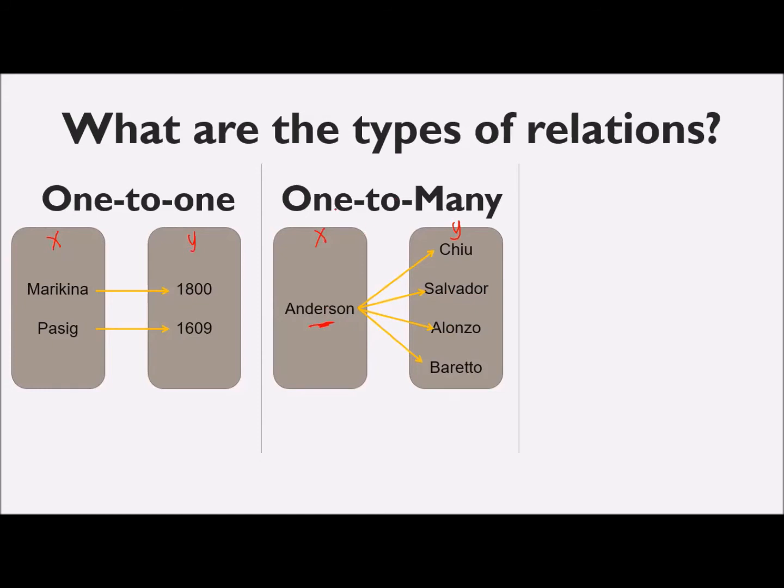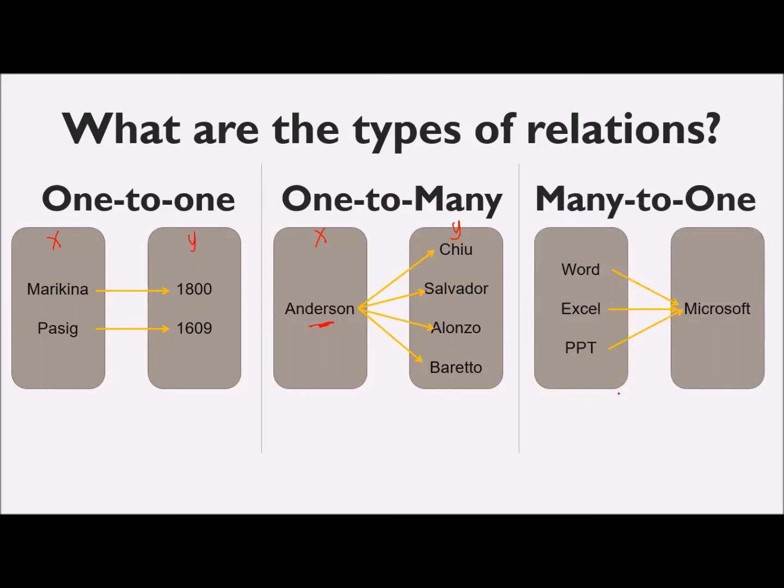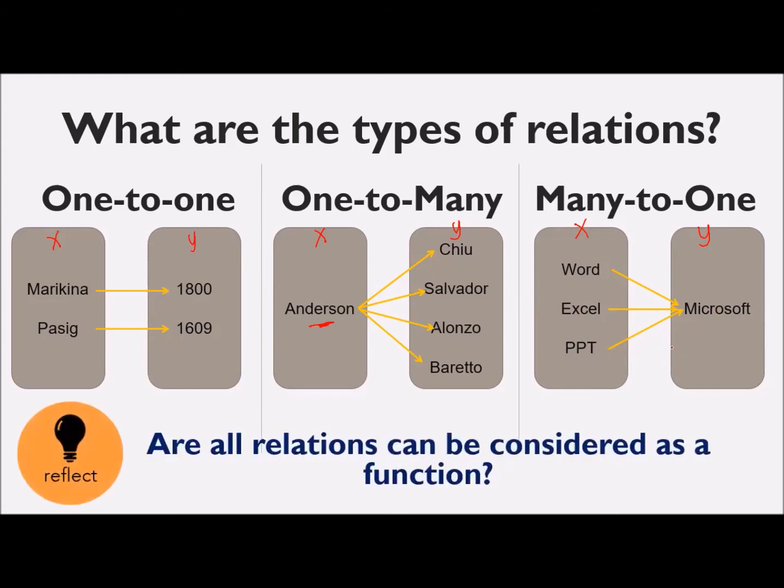Kaya tinawag na one-to-many. Next naman is many-to-one. Kabaligtaran naman niya. Maraming value ng x na naka-paired up sa iisang value ng y. So, Word, Excel, and the PowerPoint are all softwares or systems under the Microsoft. Okay? So, ganun siya.